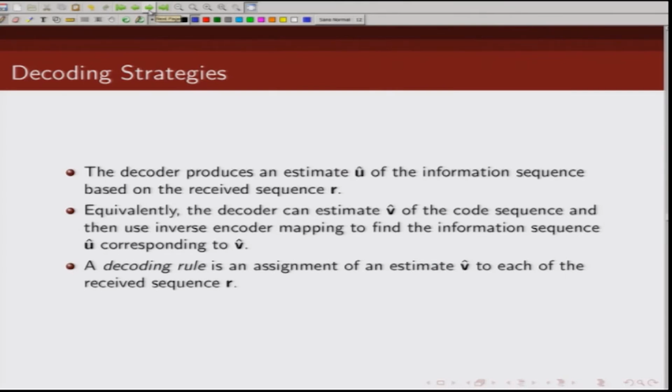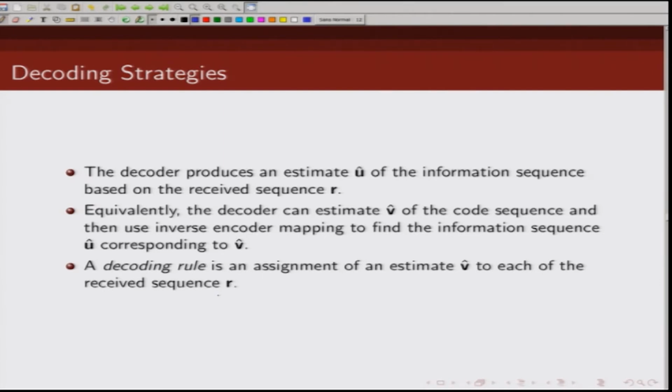A decoding rule is nothing but, given a receive sequence R, we are trying to estimate what our transmitted code sequence was. So, we are trying to estimate V hat or U hat from the receive sequence R.